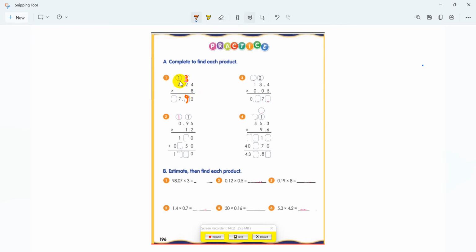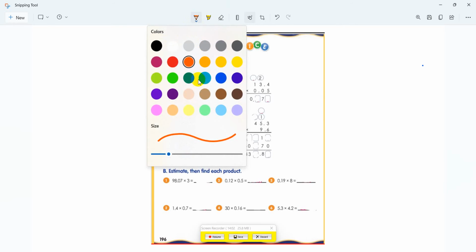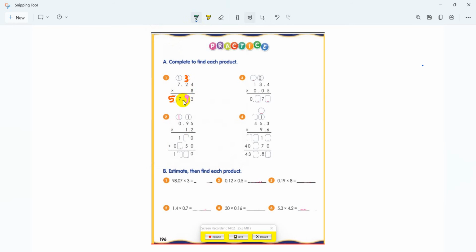Then 8 multiplied by 7 equals 56. 56 plus 1, 57. So the answer is 5792. But here we need to put the decimal point after how many places? After 2 places, after 2 digits in this place. That's about number 1 here.